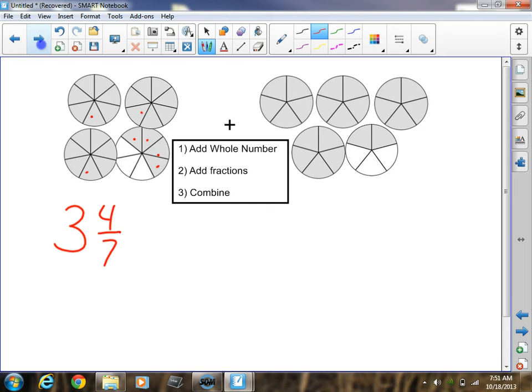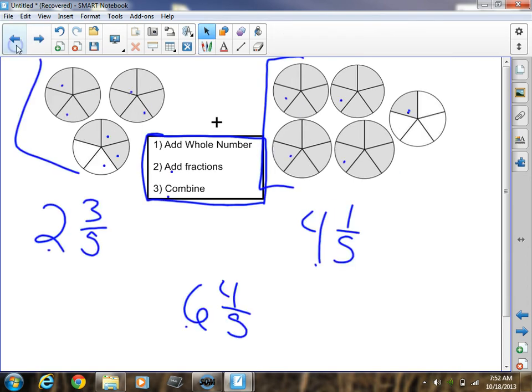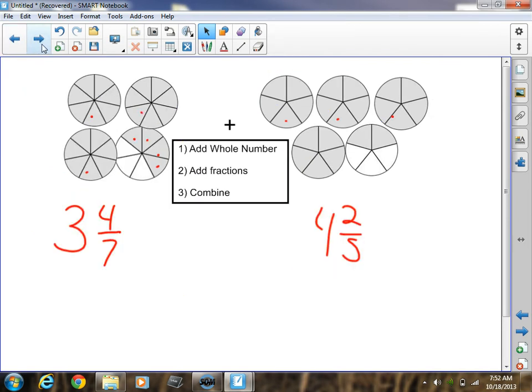So this mixed number is going to be 3 and 4 sevenths. This mixed number is going to be 4 and 2 fifths. Now with this, I cannot just go ahead and add them together automatically like I did back here because they do not have common denominators. So there's going to be a small change.